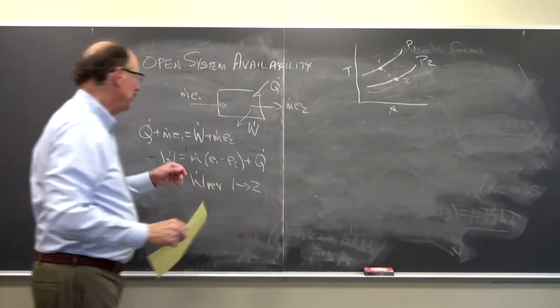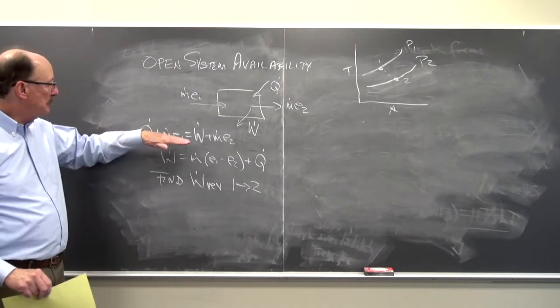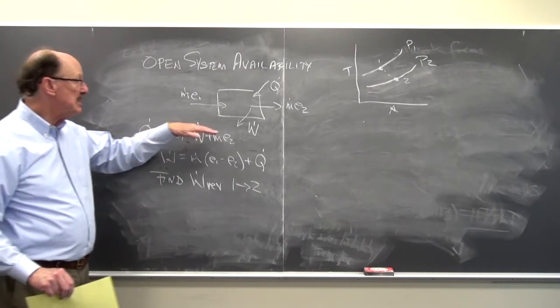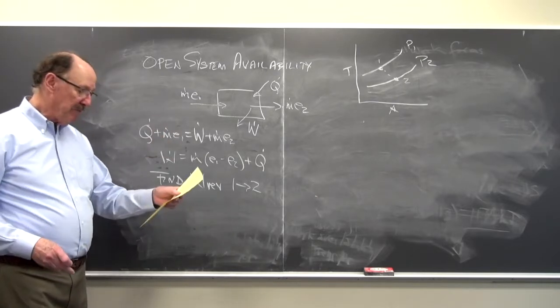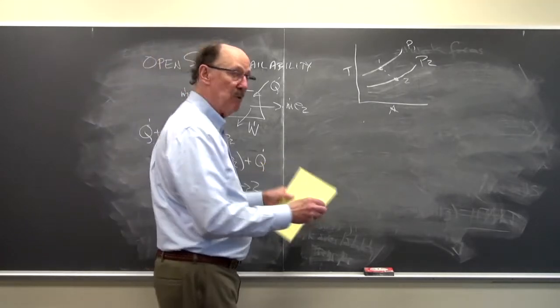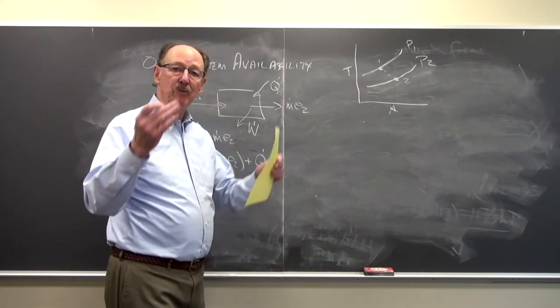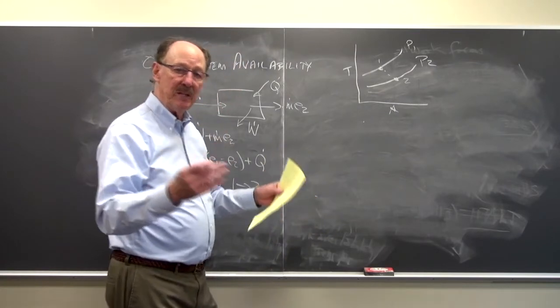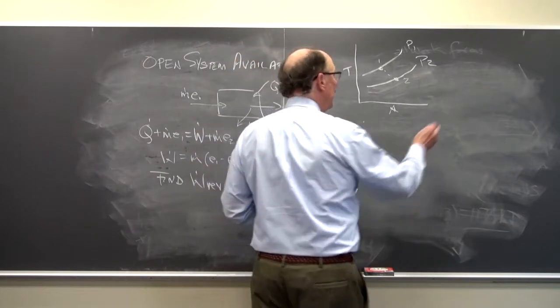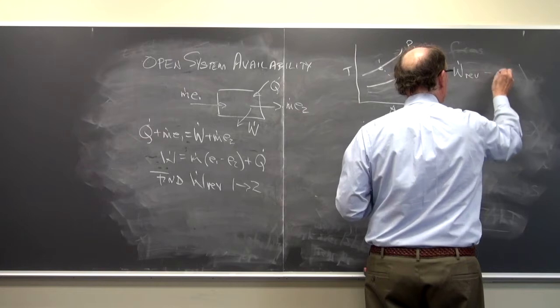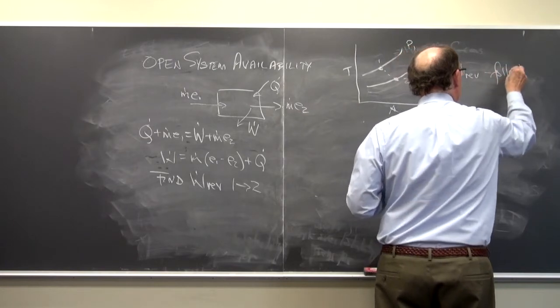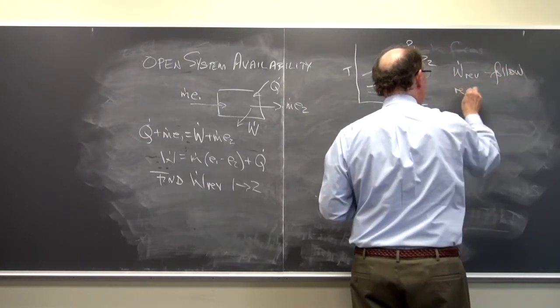This first law equation just enables me to find the power if I know the work. So how could we find the reversible work? The reversible work is found by taking reversible processes between 1 and 2. So we want to find W dot reversible, and we're going to follow reversible paths.